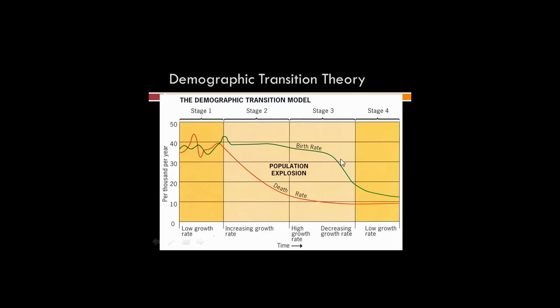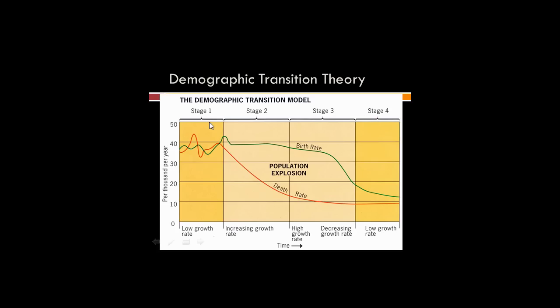The demographic transition theory or model is basically a model of how societies progress or evolve over time with respect to some of these demographic markers. And it's divided into 4 stages: stage 1, stage 2, stage 3, and stage 4.